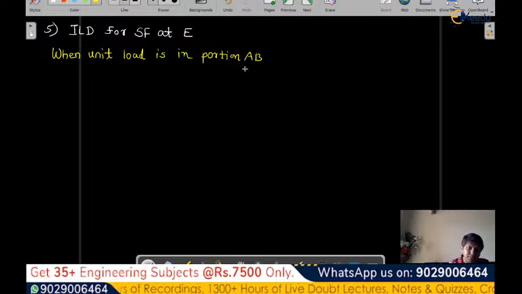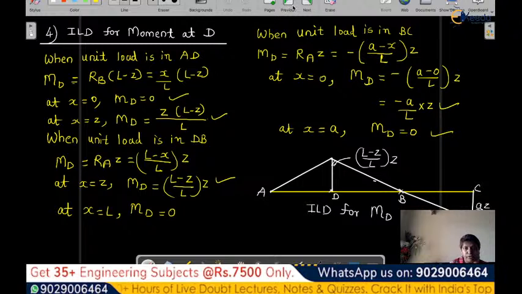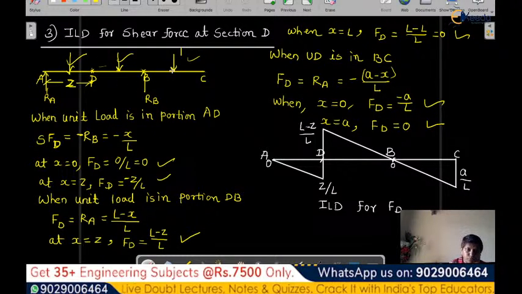So when the unit load is in AB portion, what will happen at this point? This is the E point, right? So nothing will happen. No shear force will come at this point. And even when the unit load is in portion BE, in that case also shear force will not be there.